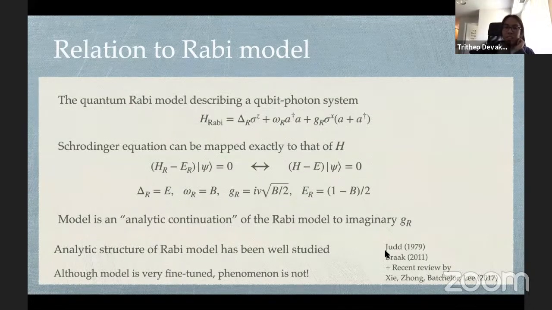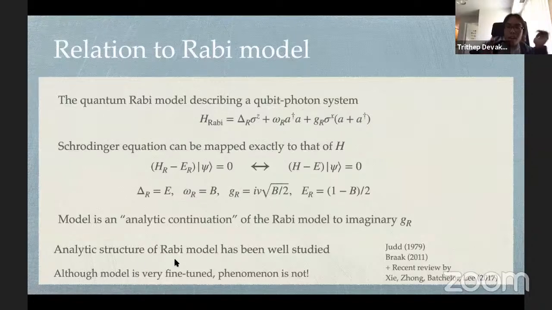They're called the Juddian isolated exact solutions in the math literature, and they were found way back by Judd. And the properties of the other eigenstates beyond these solutions have also been solved by Braak, and there's a recent review by Xie, Batchelor, and Lee, which is shown here, if you're interested.